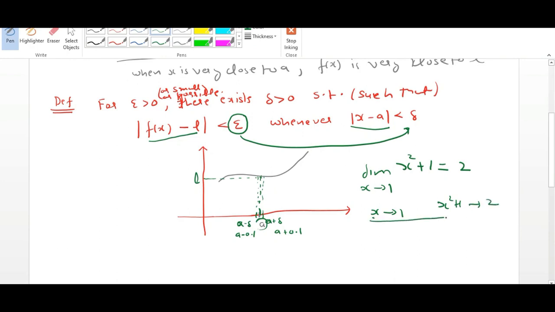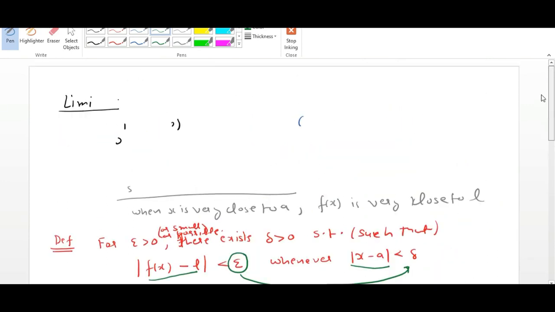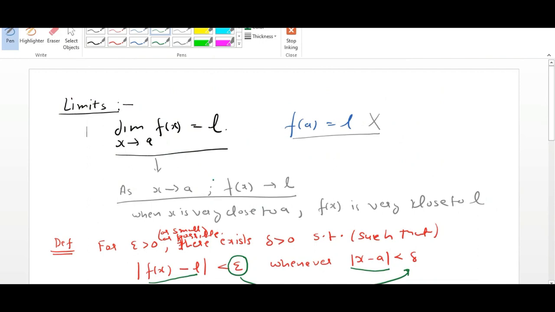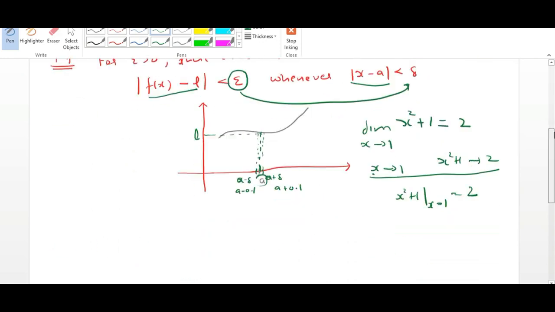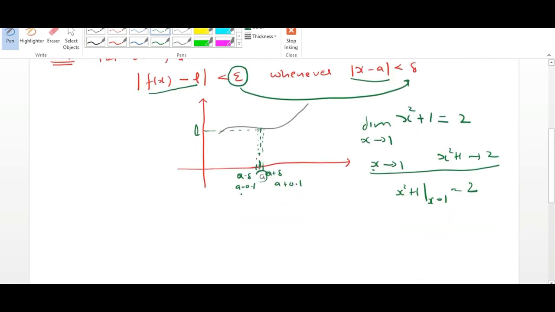Now you may have the doubt that x square plus 1 at x equal to 1 is equal to 2, so what I said was wrong, that f of a is equal to L is true here also. But this is true here because x square plus 1 is a continuous function.